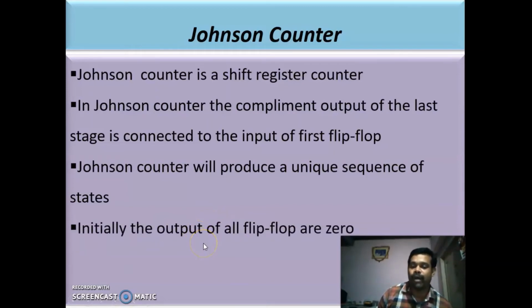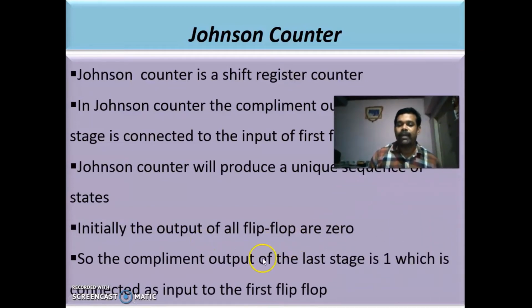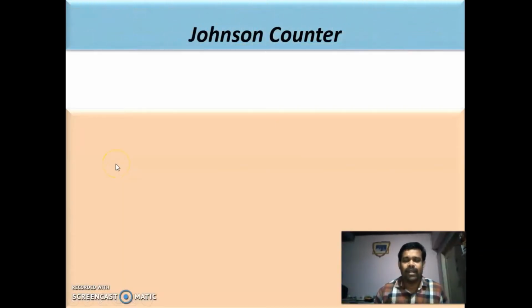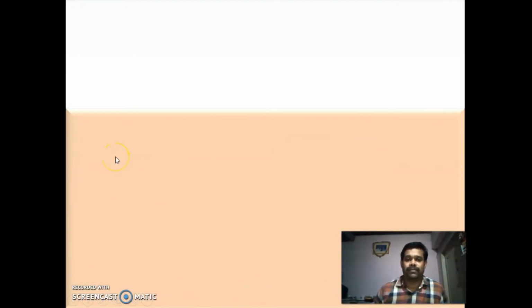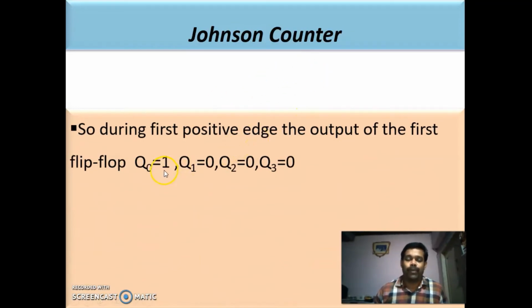Initially, the output of all the flip-flops is 0. So the complement of the output of the last stage is 1, which is connected as the input to the first stage. So the complement of the last stage is nothing but 1. It is connected as the input to the first stage. Now, during the first positive edge, the output will be 1 0 0 0.